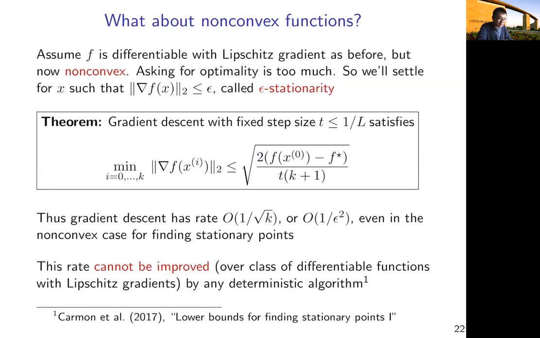A necessary condition is stationarity, saying that the gradient is 0. Notice that this is for differentiable functions and unconstrained problems, so the gradient equals 0 characterizes all stationary points. This includes local minima, local maxima, and all those stationary points.